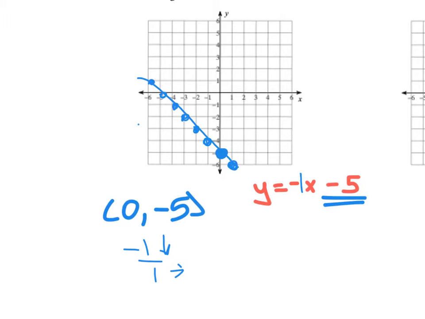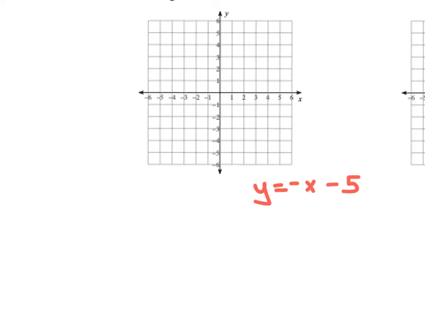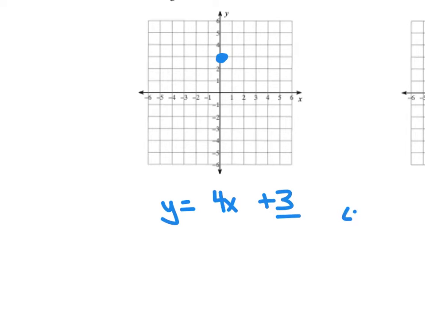Okay, last one we're going to do. So we're going to do the line y equals 4x plus 3. We're going to begin at 0, 3. And our slope is 4. Remember that our slope is in front of x, and we want to write our slope as a fraction, so that's 4/1.